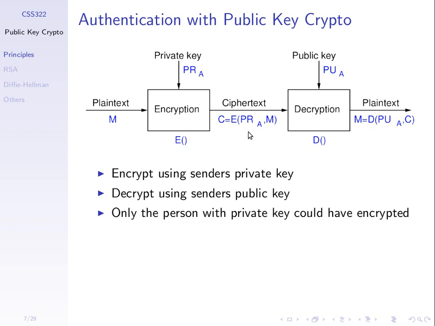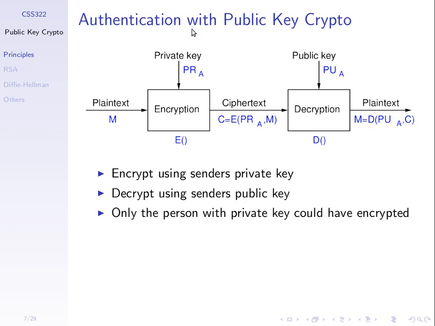So if I'm the malicious user C, and let's say I encrypt the message using the private key of C, send it to B and tell B this came from A. What does B do? It tries to decrypt with the public key of A. If B thinks the message came from A, then they'll try to decrypt with the public key of A. But since it was encrypted with the private key of C, the malicious user, it will not successfully decrypt, and B will know that and therefore not trust the message.